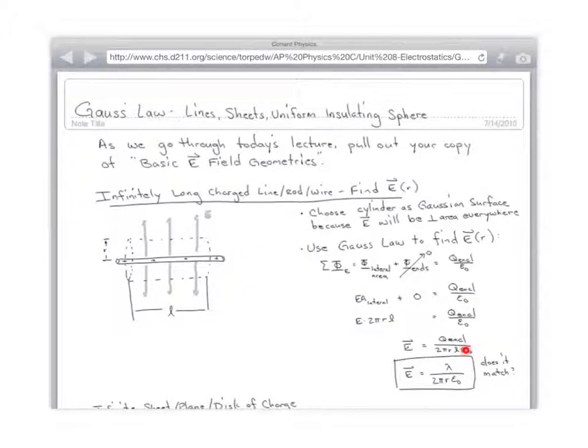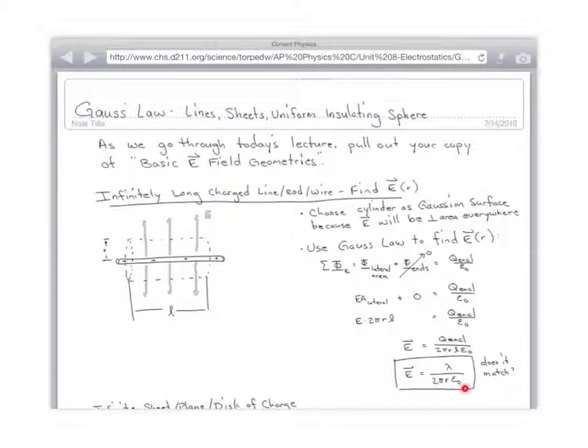Or in other words, E equals the charge density per length divided by 2 pi r epsilon naught. And that should match what you had previously.